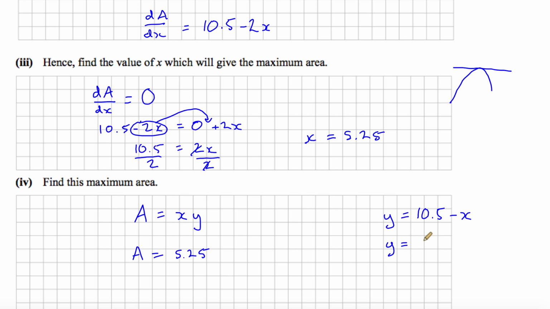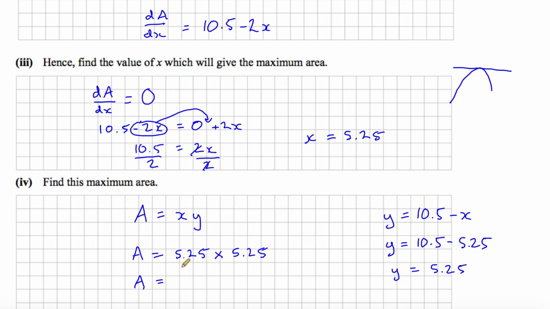So at the max, we know the value of x is 5.25, which is 10.5 minus 5.25 is 5.25 again. So that's going to be my y value. So it's going to be 5.25 multiplied by 5.25. So the maximum area is actually when the shape of the rectangle is actually a square, and a square is a type of rectangle.